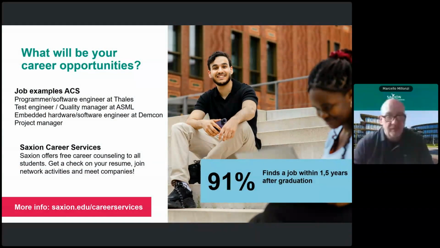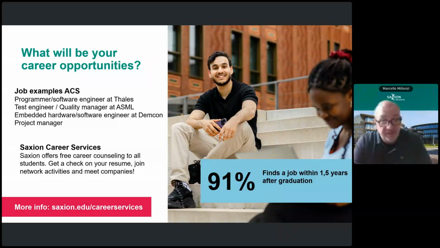So for applied computer science, there are several jobs that you can do after you graduate. You can be a programmer or software engineer at this big company here in the eastern part of the Netherlands that is called Thales. They build radar systems for defense.